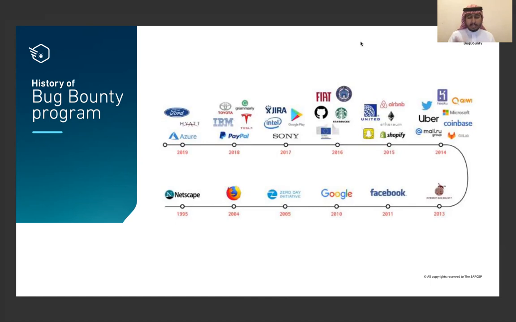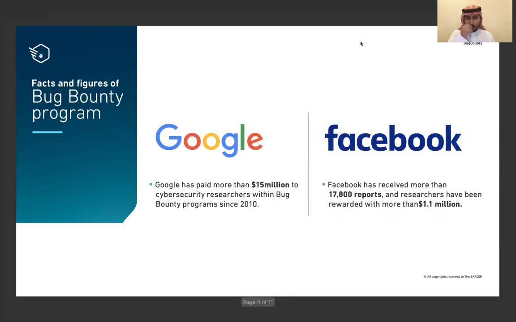So, for example, let's talk about Google. Google started their own bug bounty program in 2010. And since then, they have spent more than $15 million as rewards to the cybersecurity researchers who participated in their bug bounty programs.